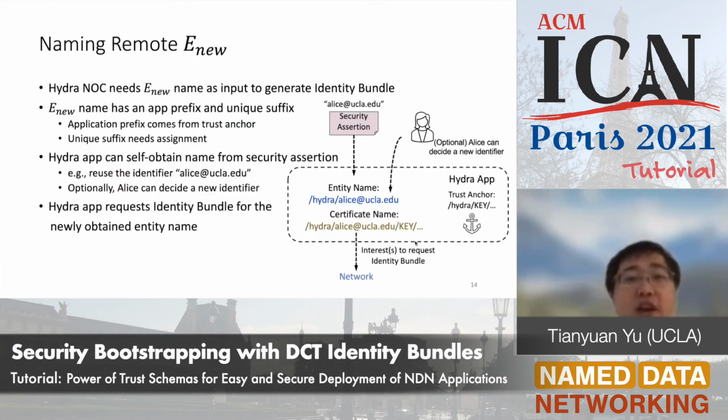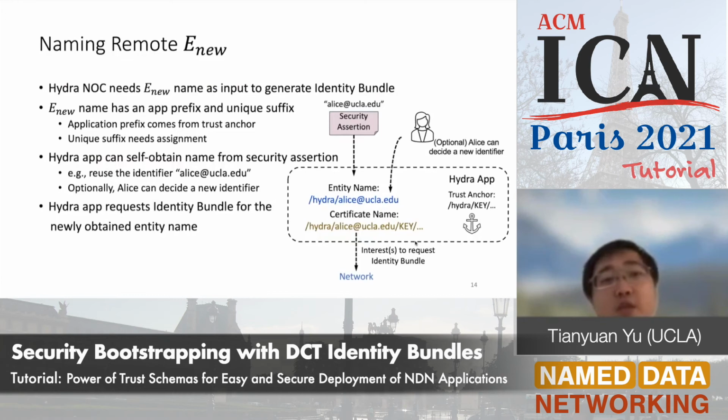So although we have mutual authentication, and the Hydra NOC needs to generate an identity bundle for the remote Hydra app, the Hydra NOC still needs to know the name of this new entity, and this name should not come from nowhere. So we pull the name from the bootstrapping context of this remote Hydra app.